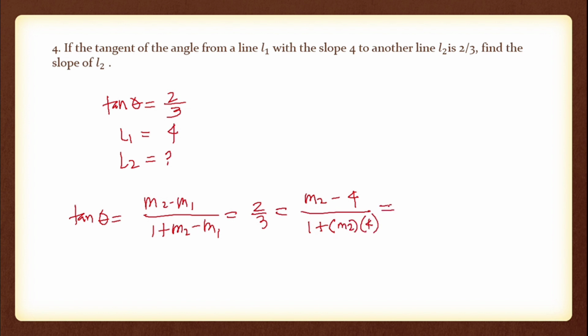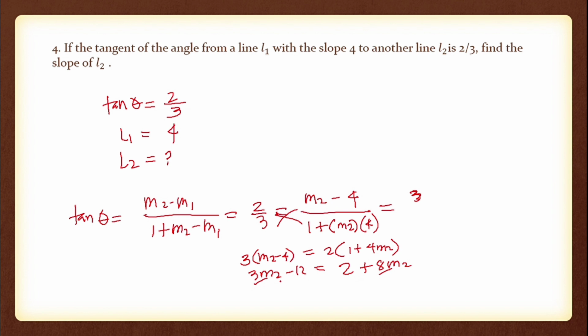So we cross multiply here. We have 3 times m2 minus 4 is equal to 2 times 1 plus 4m2. So 3m2 minus 12 is equal to 2 plus 8m2. And we're going to combine this part.